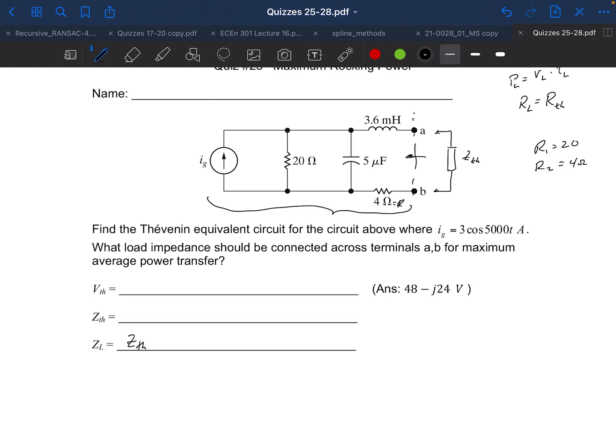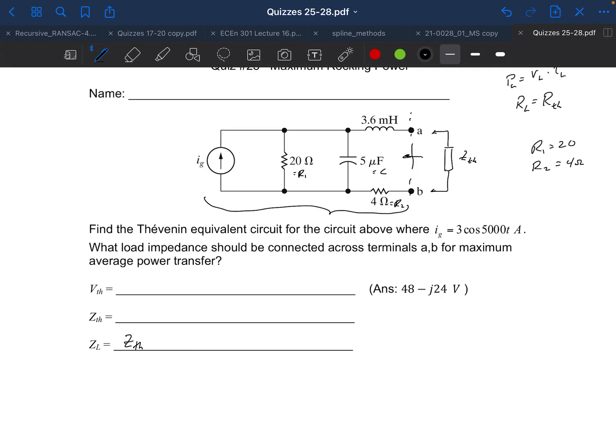In other words, this is going to be R2, this is going to be R1, this is going to be C, so C is equal to 5 microfarads, and L is equal to 3.6 millihenries, and then omega is going to be equal to 5,000. And of course, when we go to the phasor domain, IG is going to be 3 phase of 0 degrees.